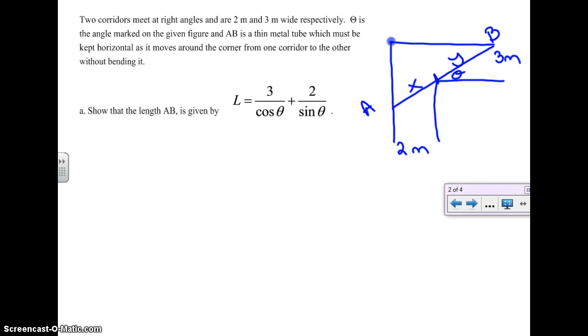Okay? So if I set up my picture like this, then I can also say, if I draw a horizontal line along my one corridor, it's parallel to this other hallway that's right here. If these two lines are parallel, then I can also say that these two angles are both theta.